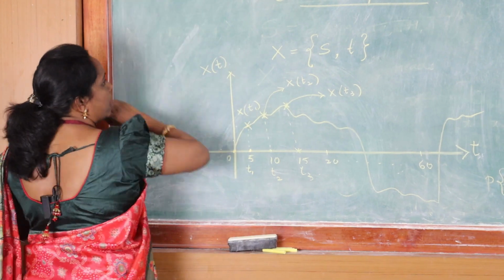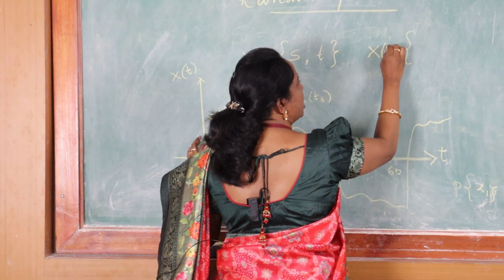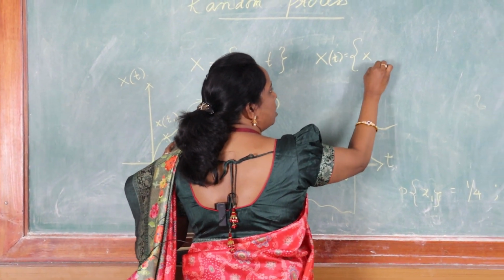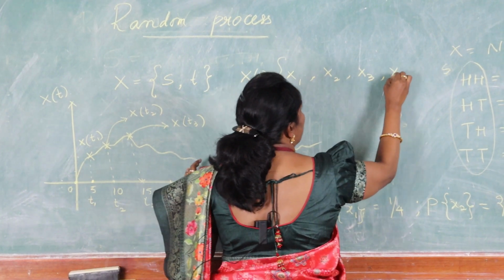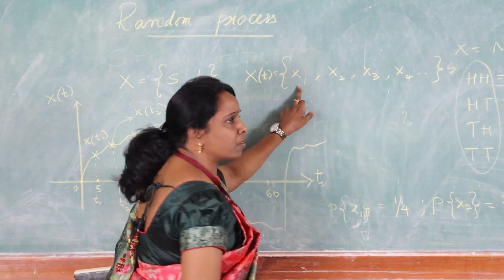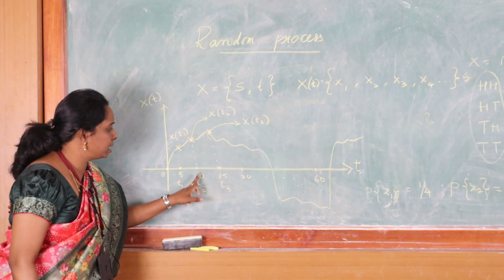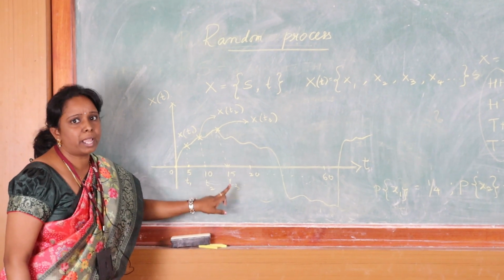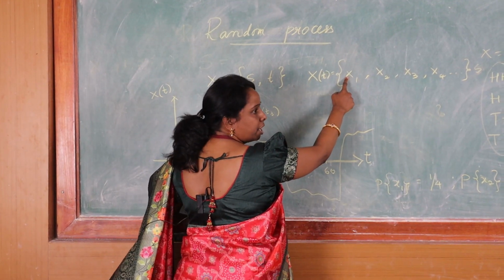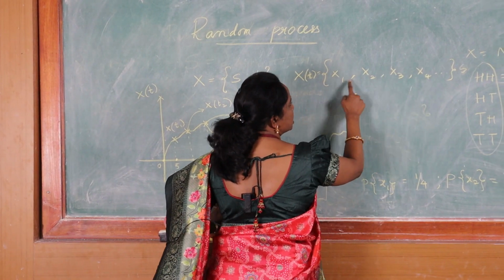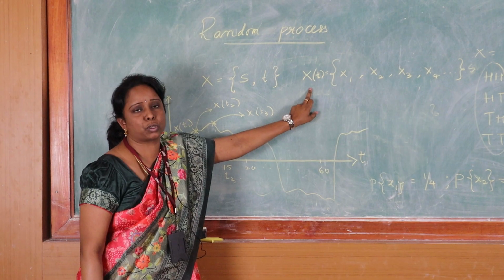So finally, the random process X of t is equal to x1, x2, x3, x4, and so on. What does x1 mean? X at time t1. x2 means X at time t2, x3 means X at time t3. So finally, this is the sample space which is varying with respect to time, simply called the random process X of t.